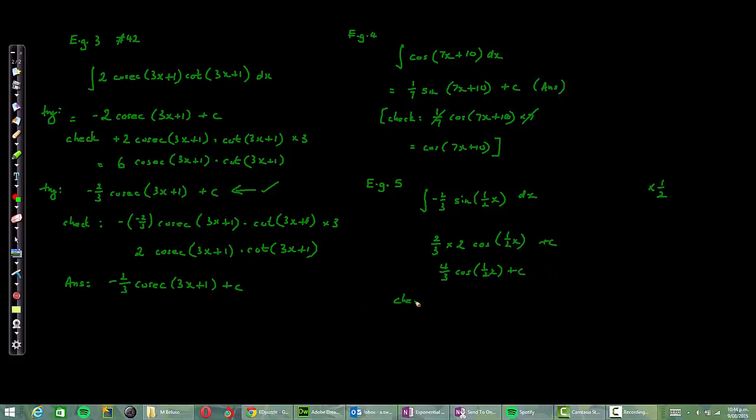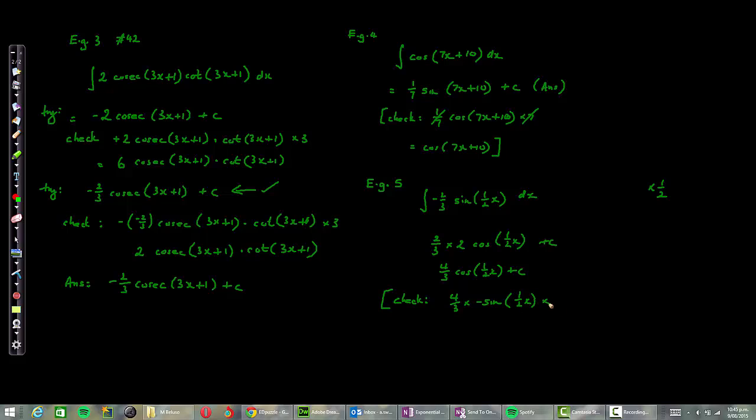Right, let's check. Let's derive this. So 4/3, the derivative of cosine is negative sine(1/2 x).